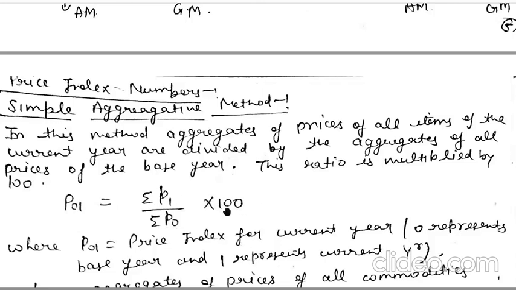So this is your simple aggregate method. Aggregate just means combining all the variables, all the elements, whatever you have in your series. So this is your base year P0, and this is your current year.